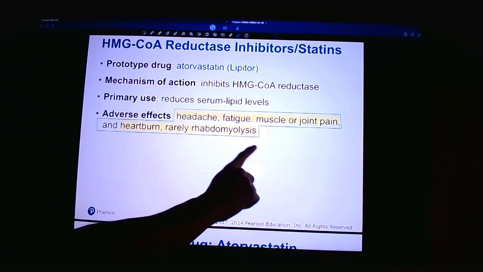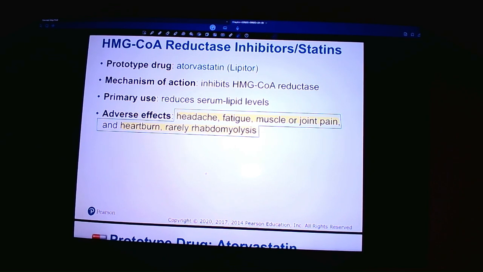So, rhabdomyolysis is basically your muscles being broken down to the point where their contents leak out into the bloodstream, right? Those proteins in our muscles are really big and they're not supposed to be in our bloodstream. So as they find themselves in the bloodstream, where does the blood eventually end up? It usually ends up in the kidney, right? Our kidney is constantly filtering blood throughout our entire life.